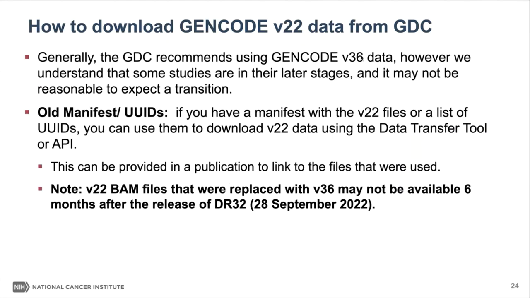So if you need v22 BAM files for publication purposes or something else, we recommend downloading them as soon as you can and storing them locally or wherever you can store them.